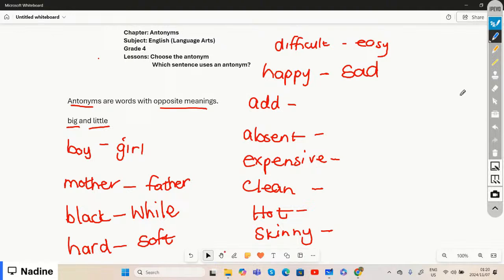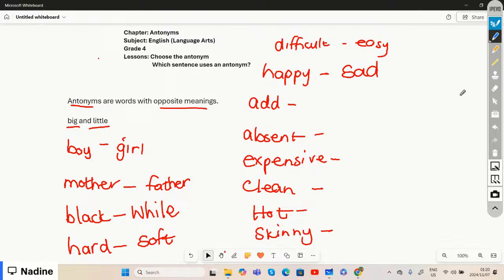A few were already done. We said if it's not a boy, it's a girl. If it's not mother, it is father or mom or dad. If it's not black, then it's white. If it's not hard, then it's soft. The opposite of difficult is easy. And the opposite of happy is sad.